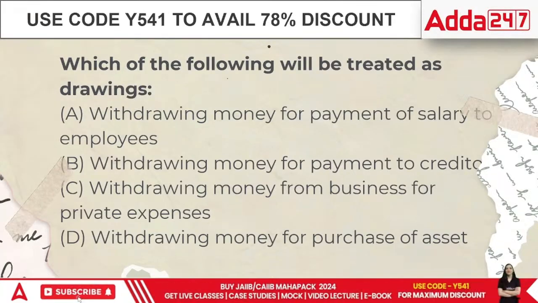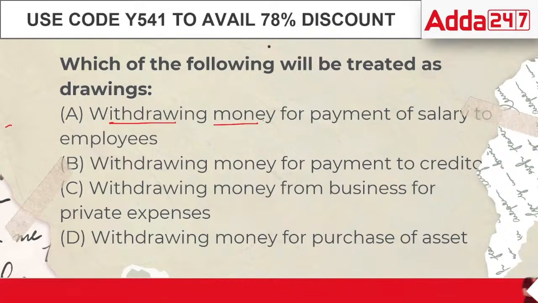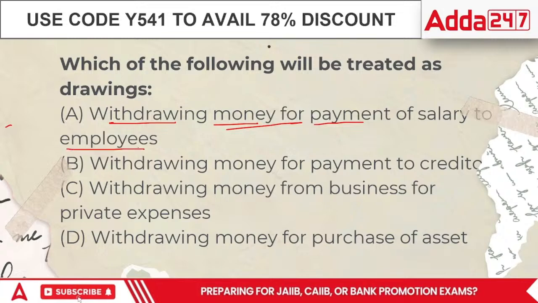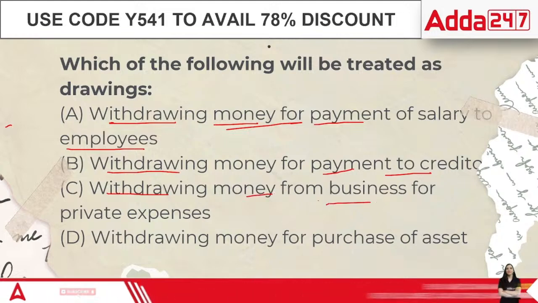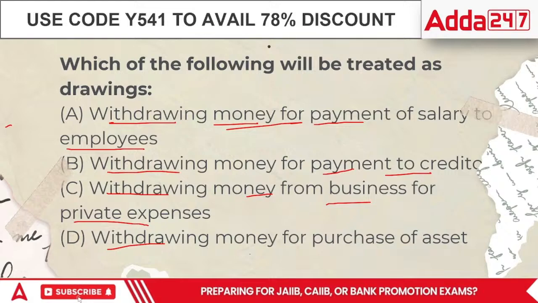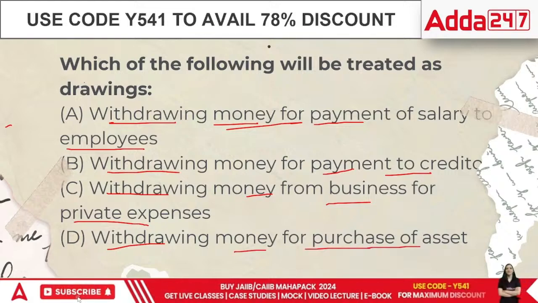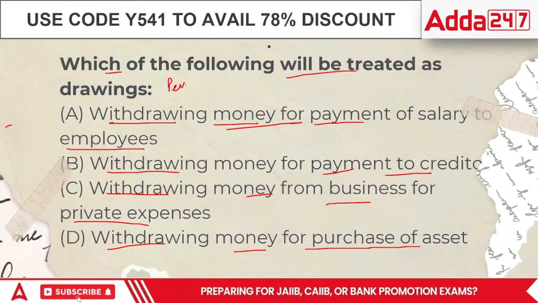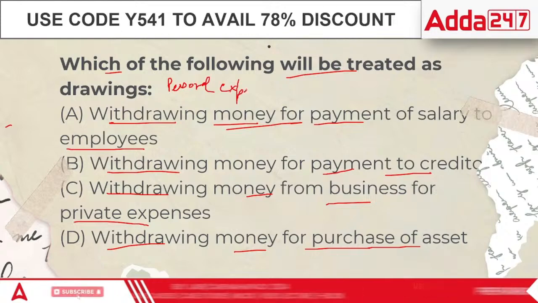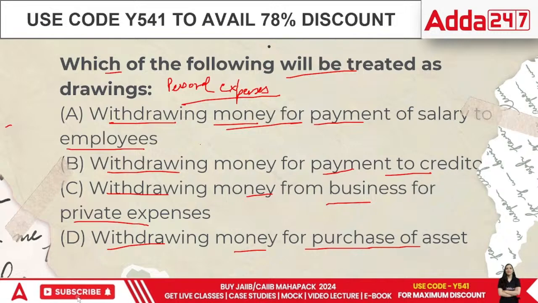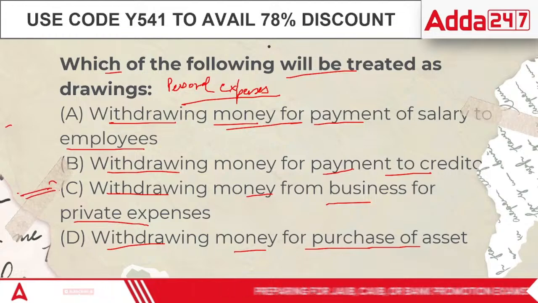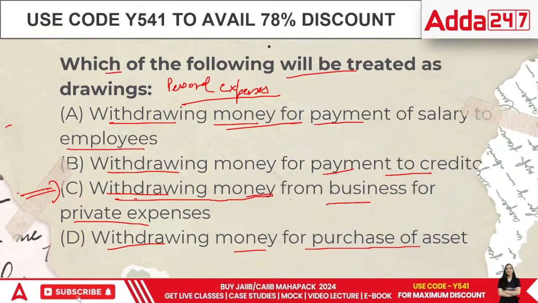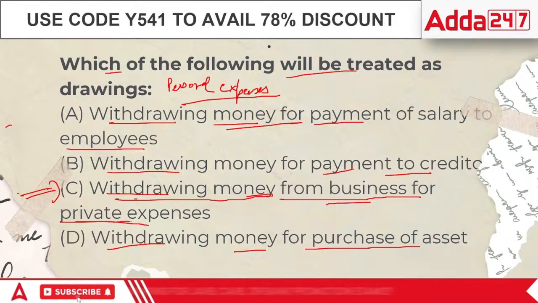Which of the following will be treated as drawings? Withdrawing money for payment of salary to the employees, withdrawing money for payment to creditors, withdrawing money from business for private expenses, or withdrawing money for purchase of asset. When we talk about drawings, drawings are personal expenses. Personal expenses means something that we are doing for our personal reasons. So the answer would be private: withdrawing money from business for private expenses.